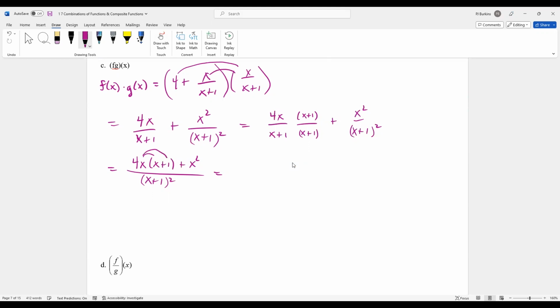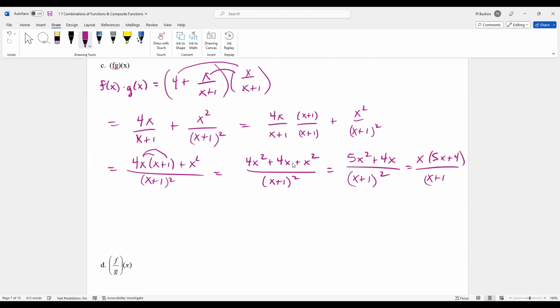Multiply this. Combine like terms. And then finally, I might go ahead and factor out an x. You don't have to. And that would be my final answer.